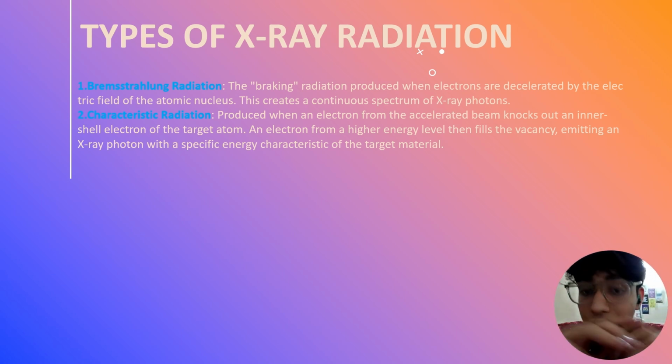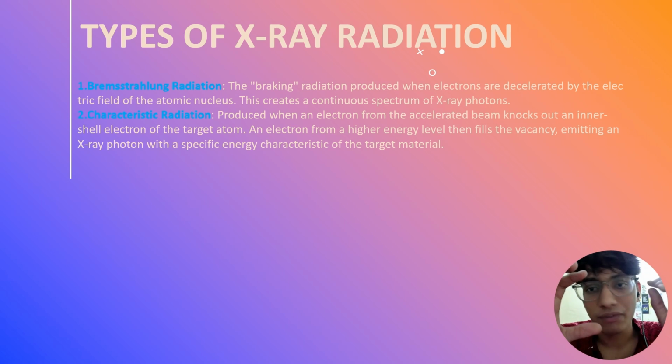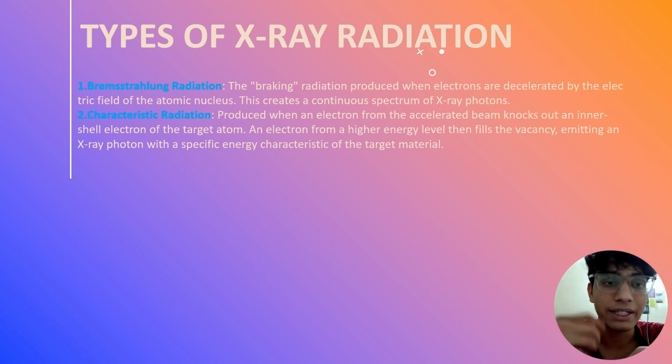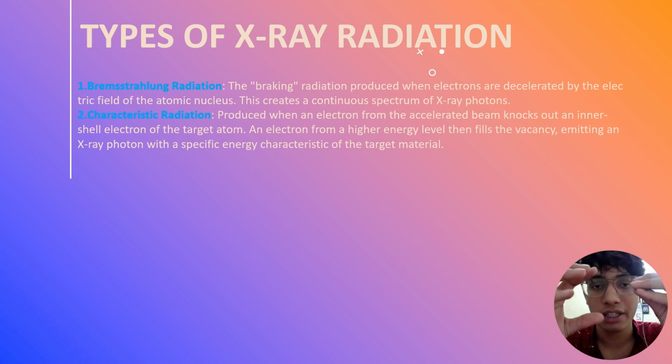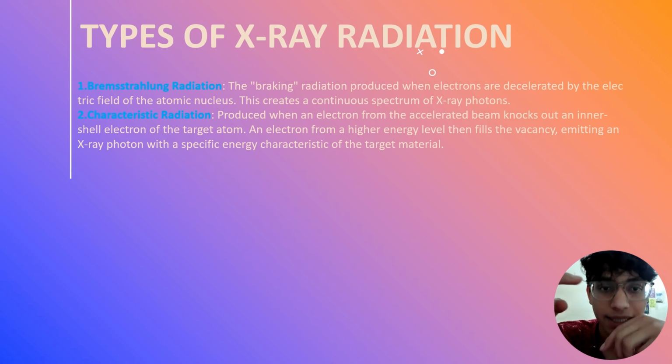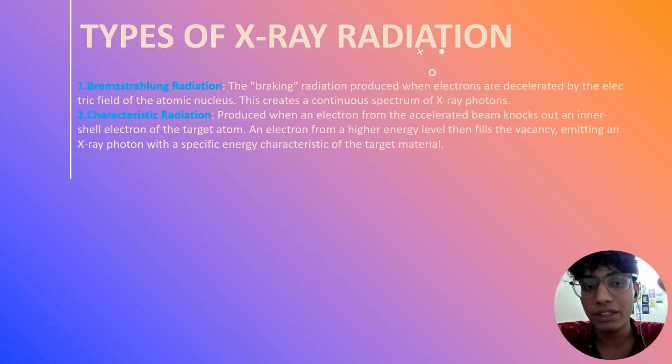And the second one is the characteristic radiation. In this process, the electrons coming from the tube collide with an inner shell electron of the target atom and displace it. When an outer shell electron fills this vacancy, it releases an X-ray photon with energy specific to the target material's atomic number and structure.